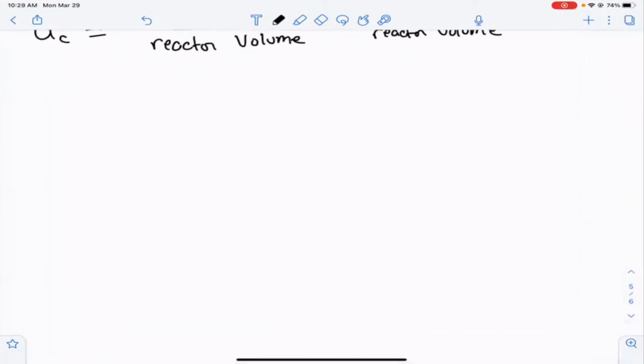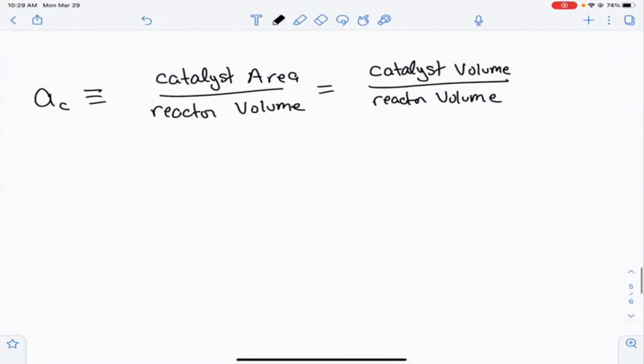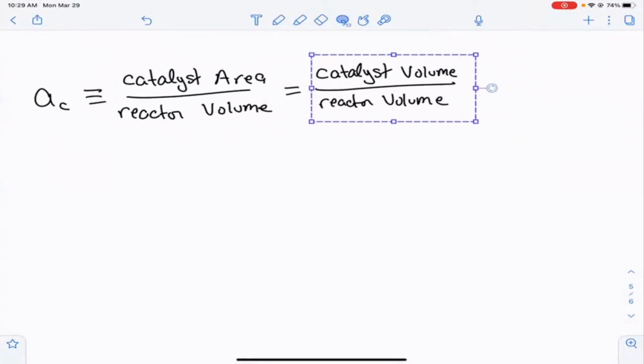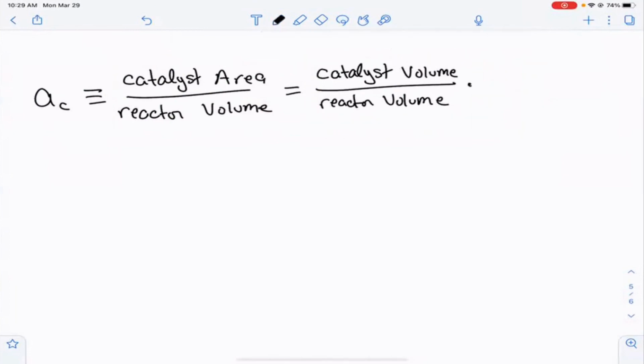Right? That's just the portion of our reactor that is occupied by the catalyst. Okay. Now, if we think about that, well, the first thing is that it tells us there's multiple ways that you can pack a catalyst together.